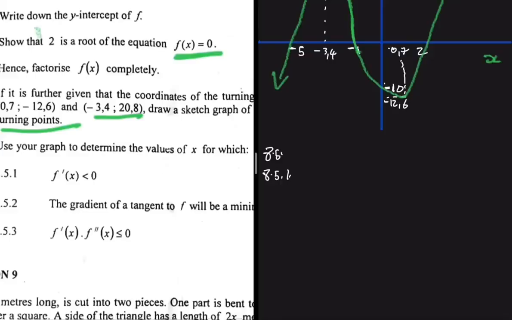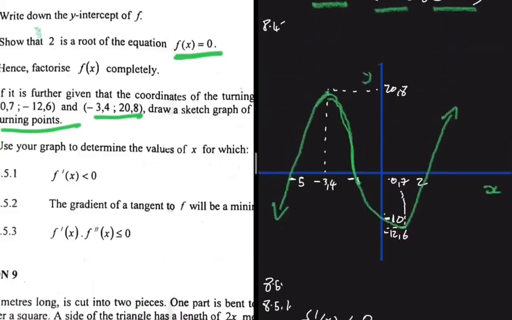8.5.1. Let's determine the values of x for which f prime of x is less than 0. So what is f prime of x? F prime of x is the gradient of our function. So we need to find the values for which our gradient is negative. The gradient is negative when our graph is sloping down.